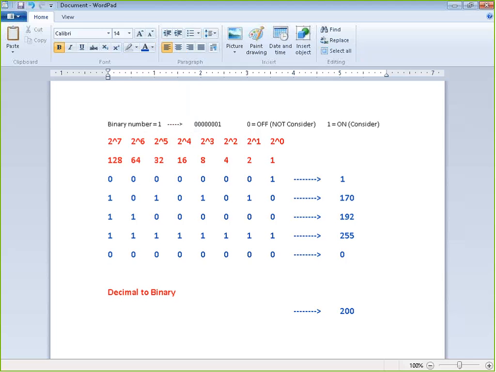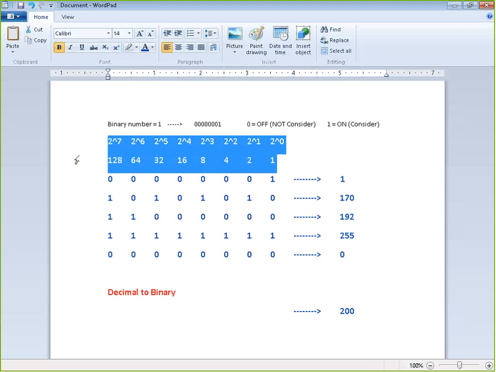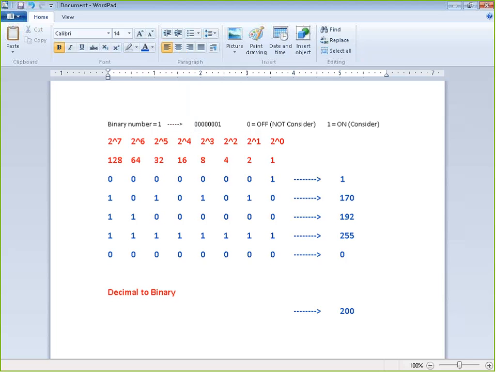Now how do we derive the binary value for this decimal value of 200? Again, for that we have to refer to the same table that we talked about before. To calculate this value of 200, you have to start right from the left hand side, the highest value.